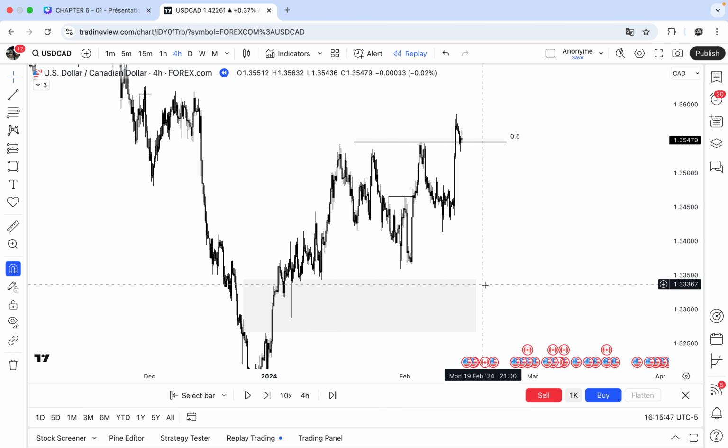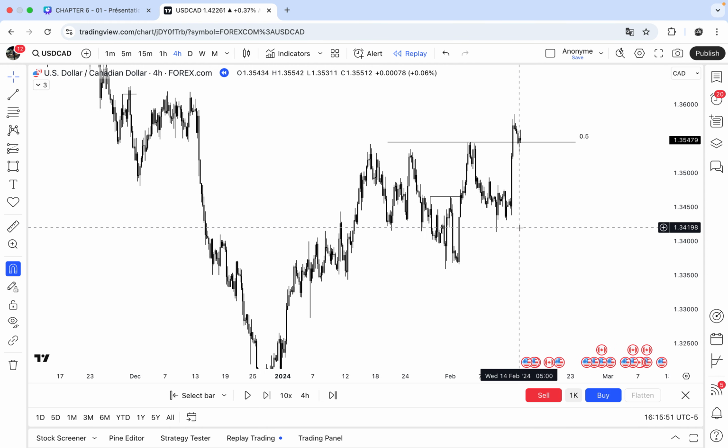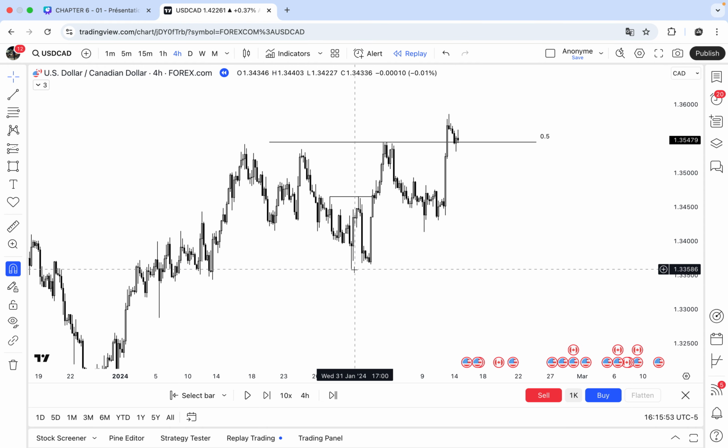This short-term drawn liquidity never got reached. But when you look at the market structure, and when you're focusing on the last highs that break the last lows and the last lows that break the last highs, you can confirm that your drawn liquidity, whatever is the short term or the long term, this is the next target.